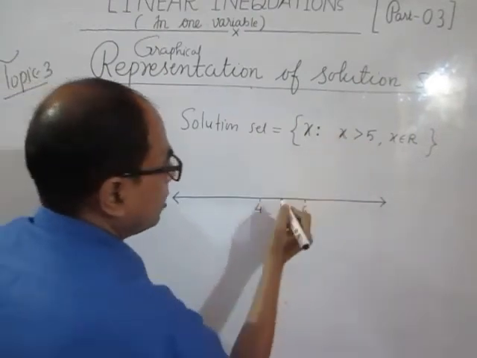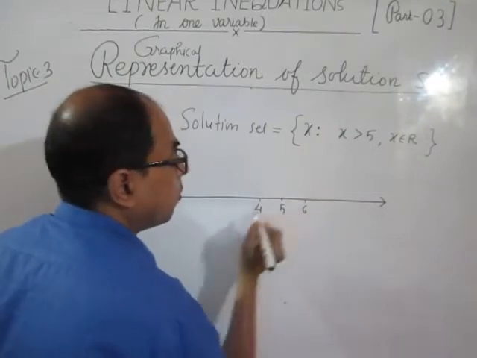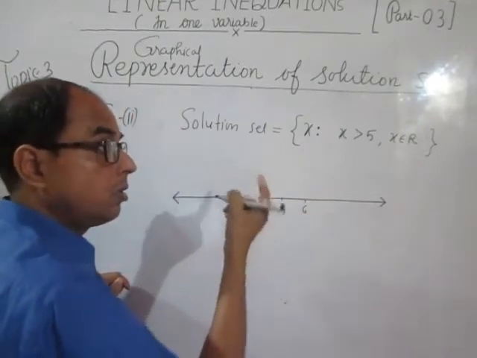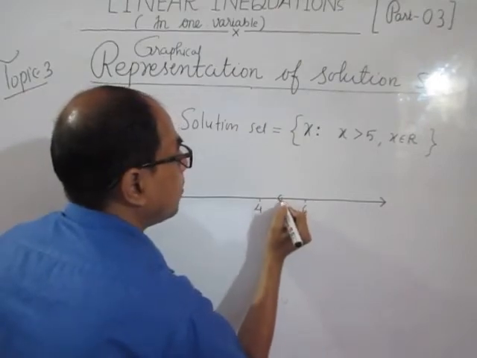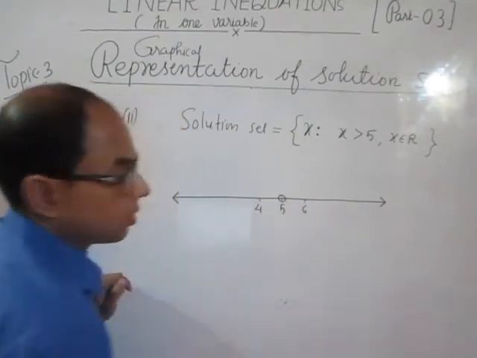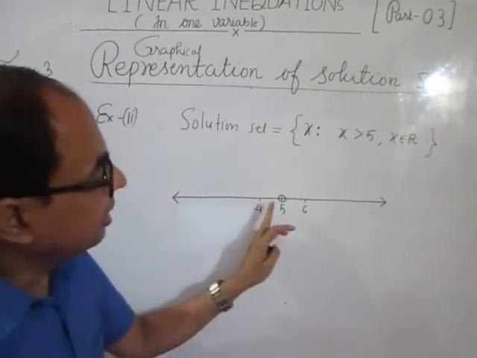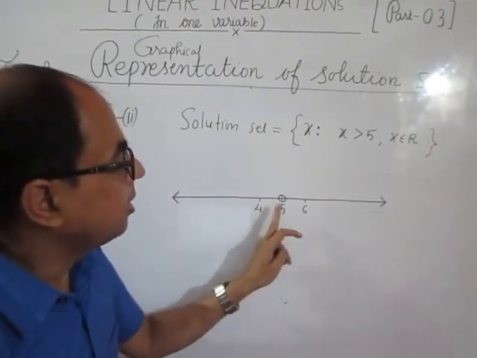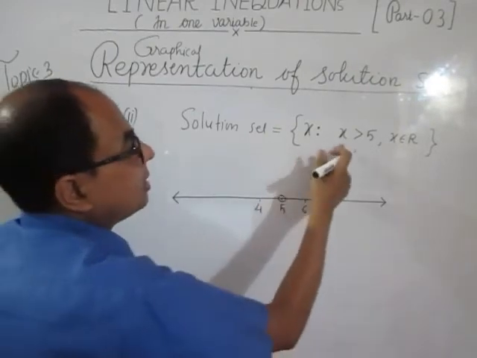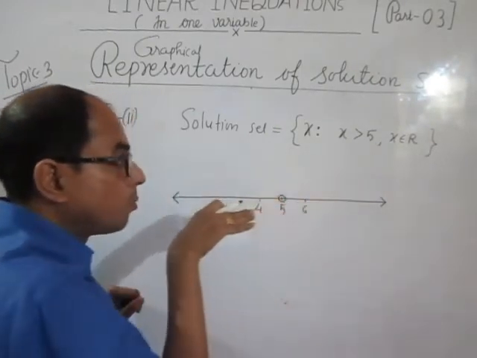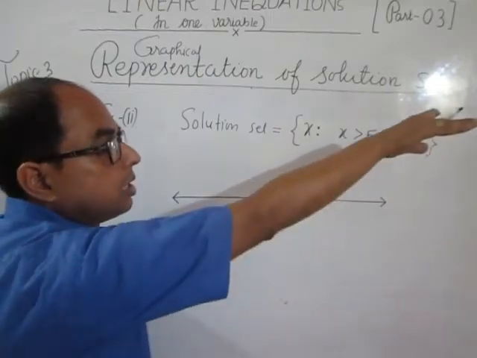So to indicate that 5 is an open point, it means it is not included in the solution, we have the option of an empty ring. So this empty ring indicates that this point is not included in the solution. Now after that, X is greater than 5, that means we have to plot all the real numbers which are greater than 5.